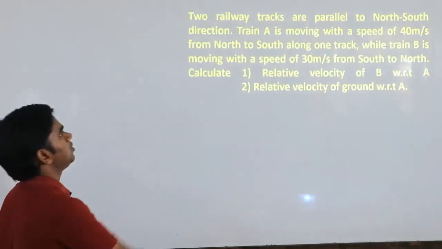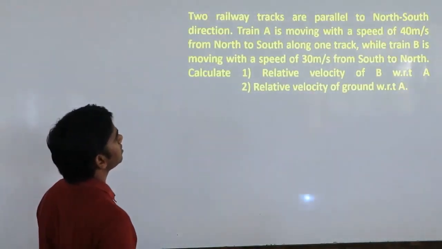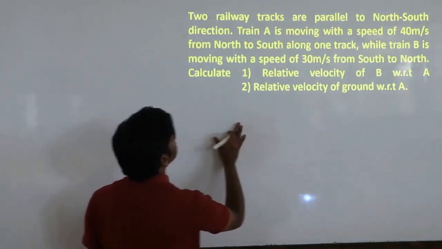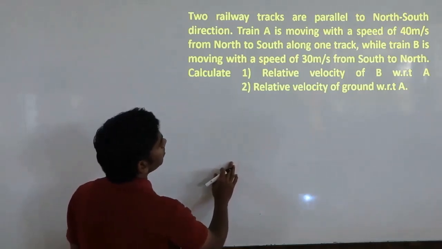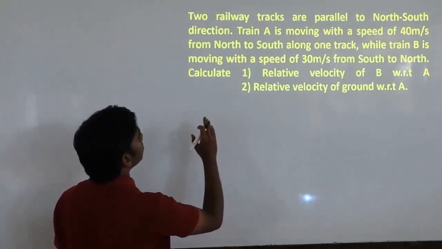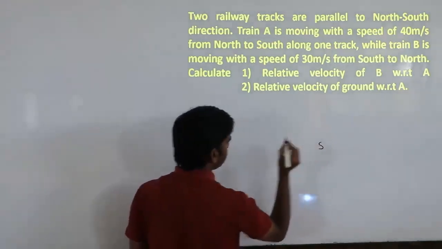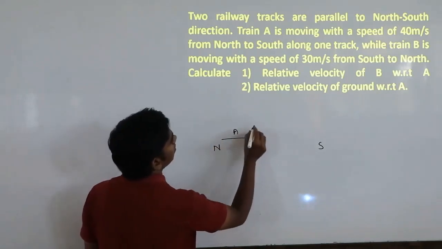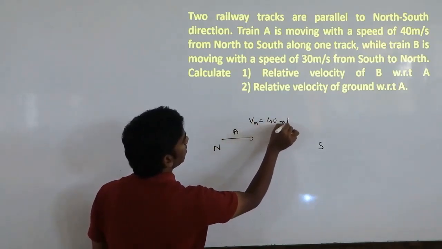Two railway tracks are parallel to the north-south direction. One is in the north direction, the other is in the south direction. Train A is moving with a speed of 40 meters per second from north to south. Suppose I take this as north and this as south, train A has velocity VA equals 40 meters per second.